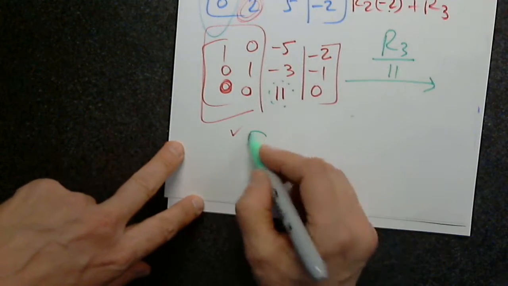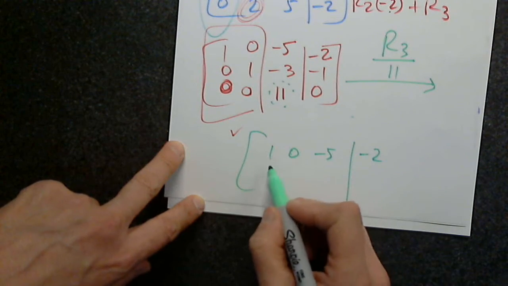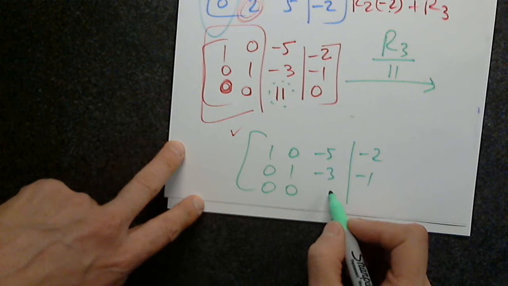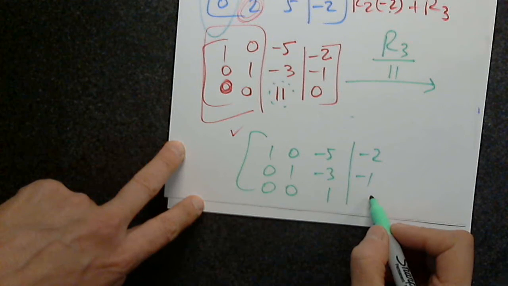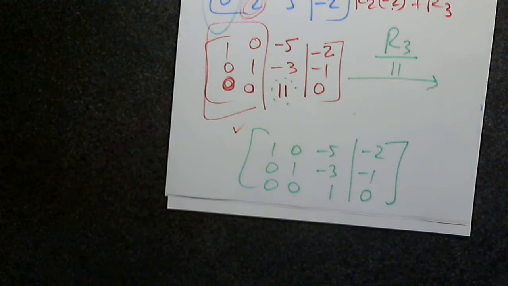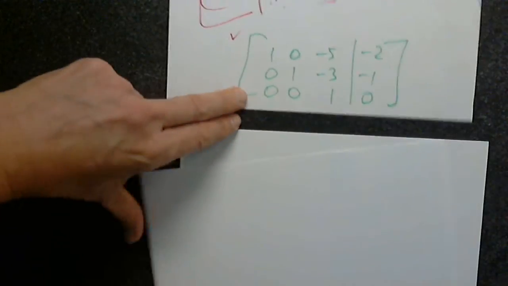So then we have 1, 0, -5, -2, 0, 1, -3, -1, 0, 0, 1, 0. Exactly, because 0 divided by 11 is 0. Excellent. Great job.